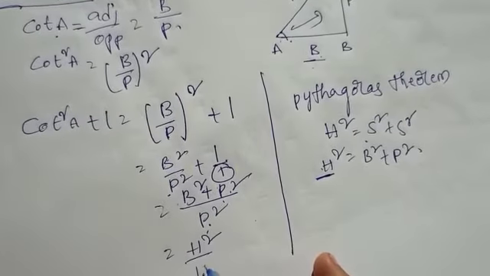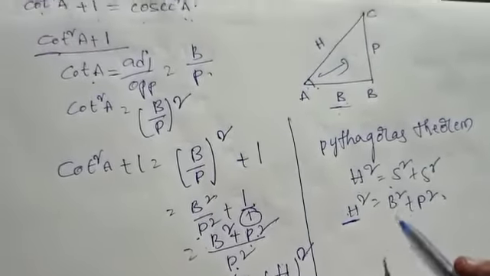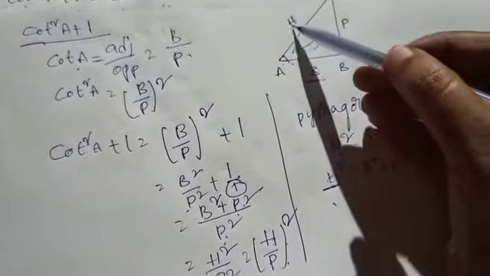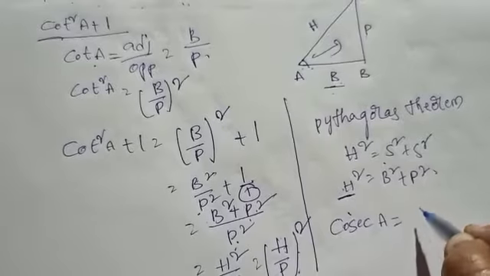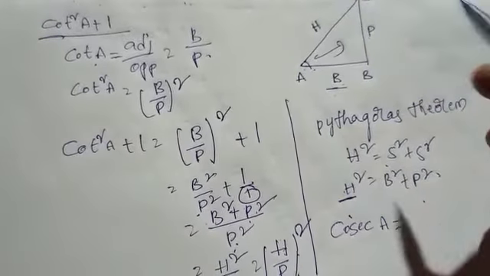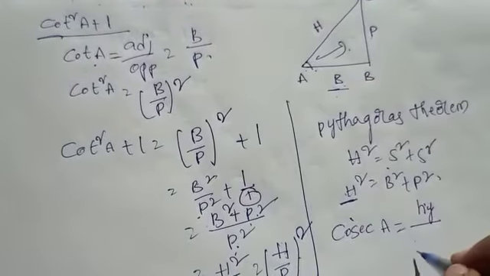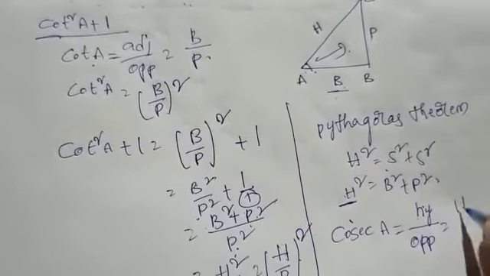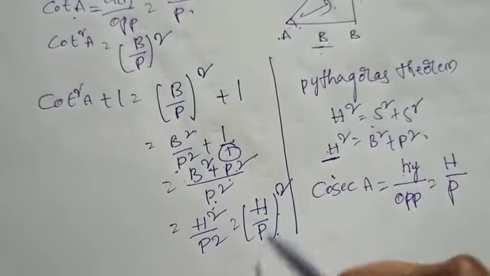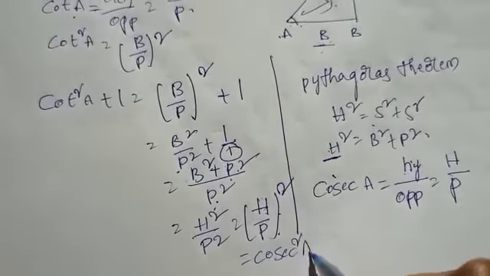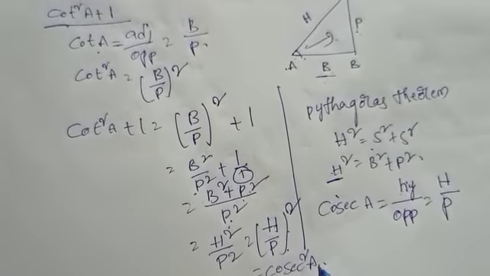H square by P square equals (H by P) whole square, hypotenuse by P. Cosecant A equals 1 by sin A, which means hypotenuse by side opposite to the angle A. Hypotenuse is H and opposite side is P. So (H by P) whole square equals cosecant square A. Cot square A plus 1 equals cosecant square A. This is the third identity.